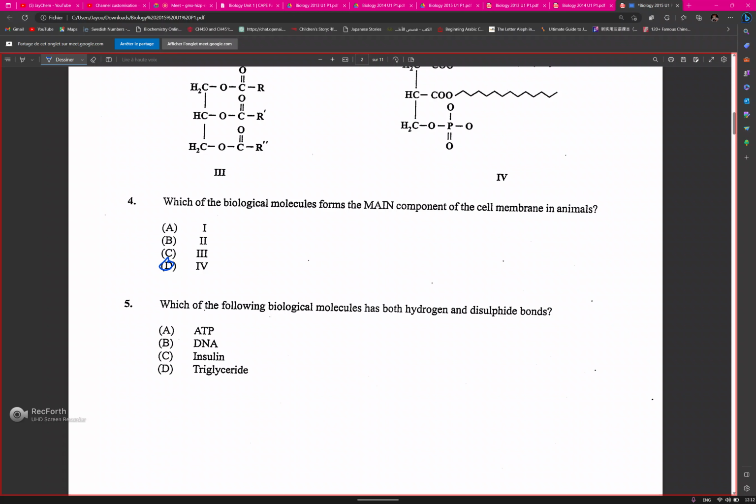But do you think you find sulfur in ATP? I don't think so. For DNA, do we find sulfur there? We'd have hydrogen bonds, but not disulfide bridges, right?